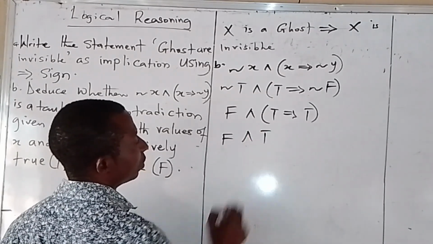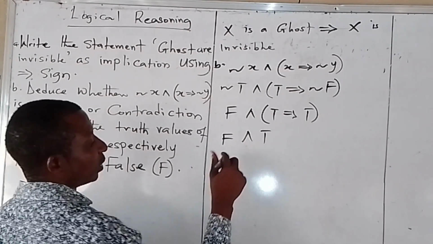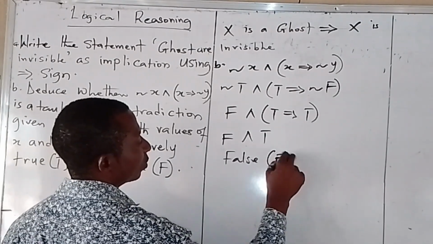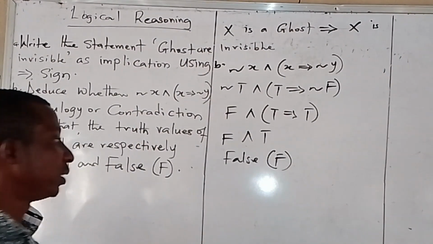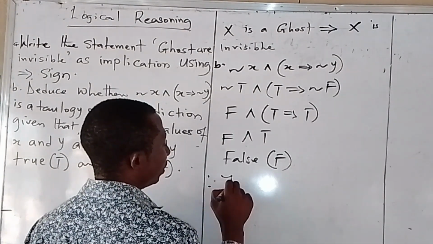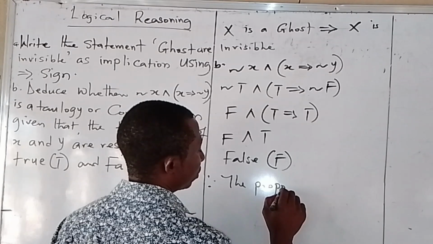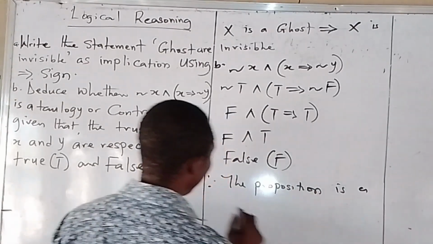We have true. And then false and true gives us false. So you can see our result now is false. Therefore, we can conclude that the proposition is a contradiction.